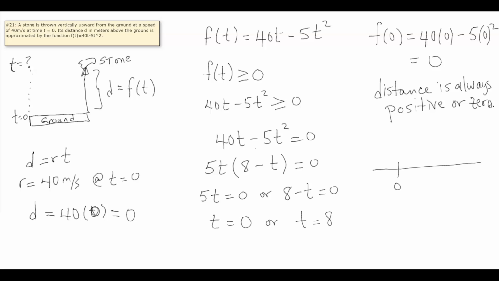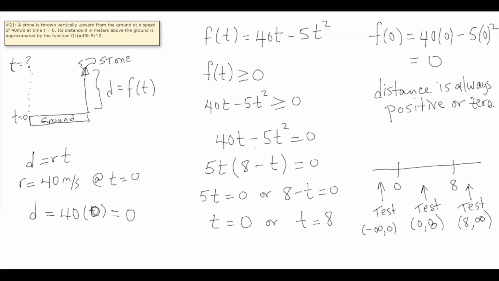These values 0 and 8 separate our number line into 3 intervals. We're going to take a test value from our first interval, which would be from negative infinity up to 0, then a test value from our middle interval, which goes from 0 to 8, and then a test value from our last interval, which goes from 8 to positive infinity.